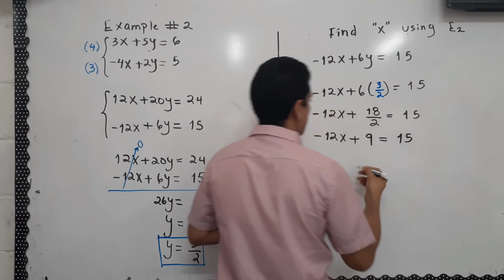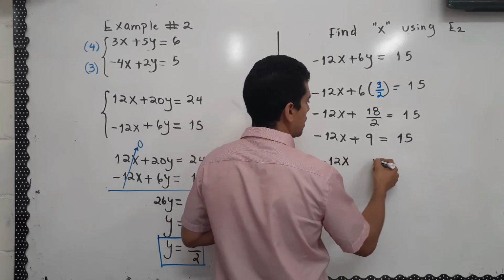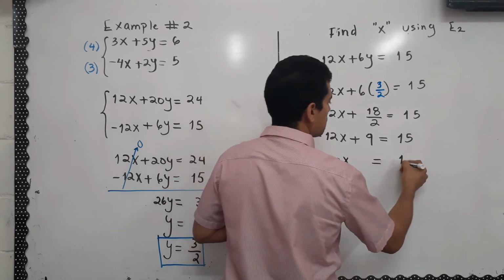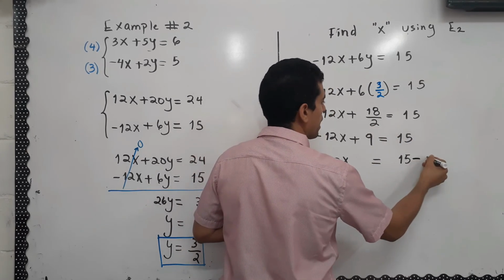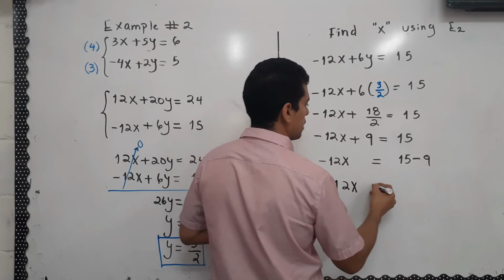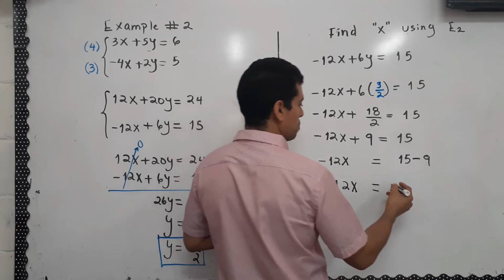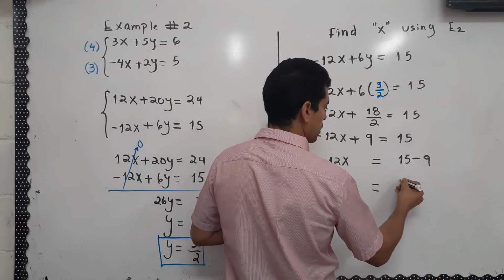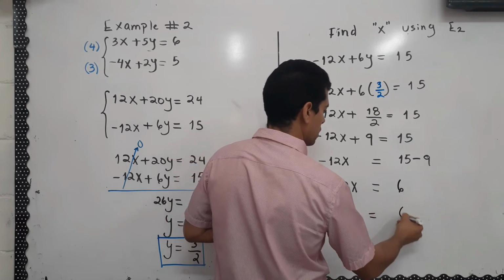Then we are going to isolate this: negative 12x equal 15, and this is positive, you move it to the other side, it's going to be negative 9. So negative 12x is equal to 15 minus 9, which is 6 positive.